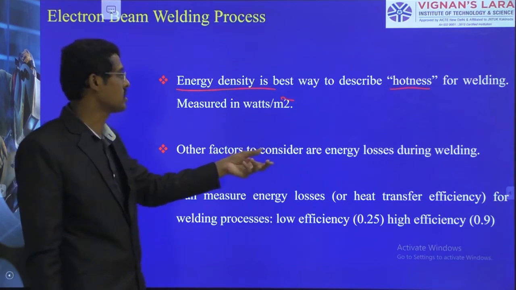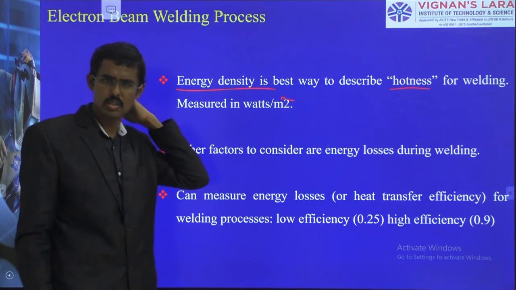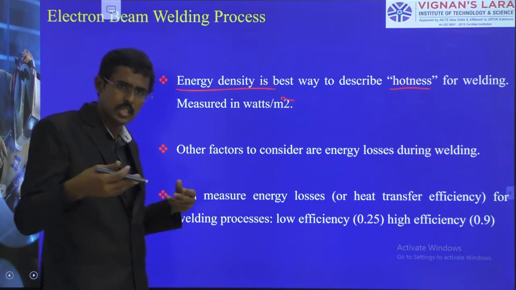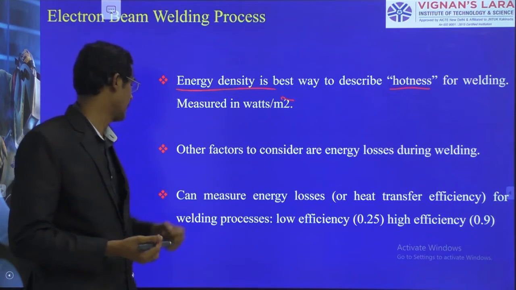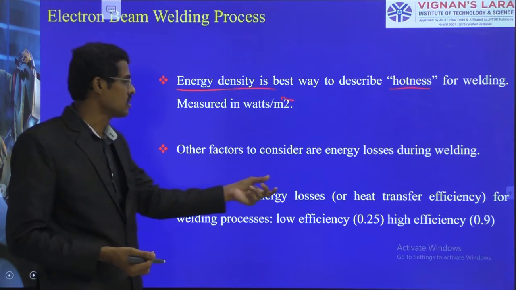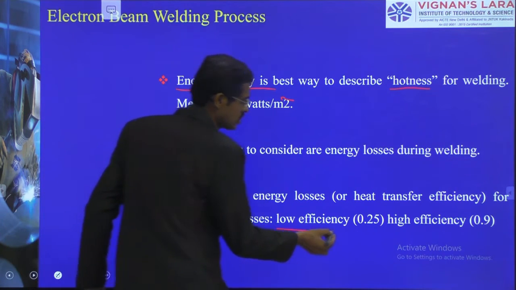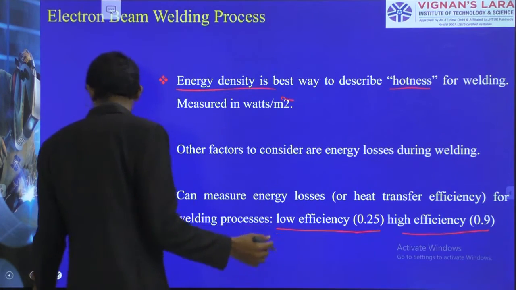Other factors to be considered are energy losses during the welding process. Atmospheric contamination and atmospheric air circulation in between the electron flow are to be avoided. Energy losses are measured as heat transfer efficiency for the welding process; a low efficiency factor of 0.25 and a high efficiency of 0.9 can be obtained.